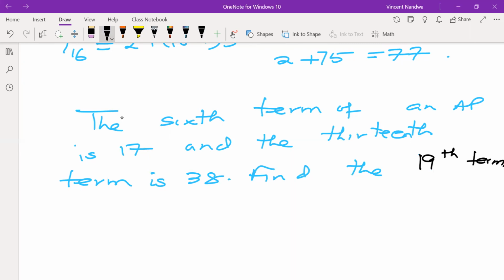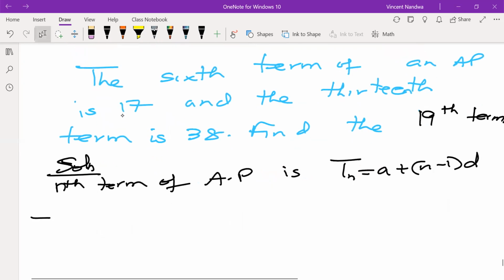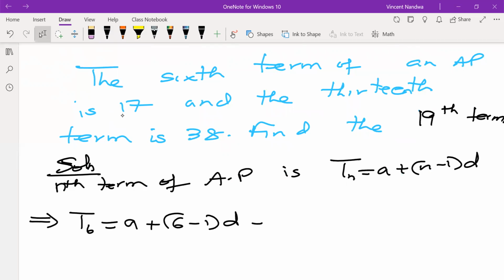So for the AP solution, the nth term of an AP is Tn equals A plus n minus 1 D. So this implies for the sixth term, n is 6, so we'll have A plus 6 minus 1 times D should give us 17.